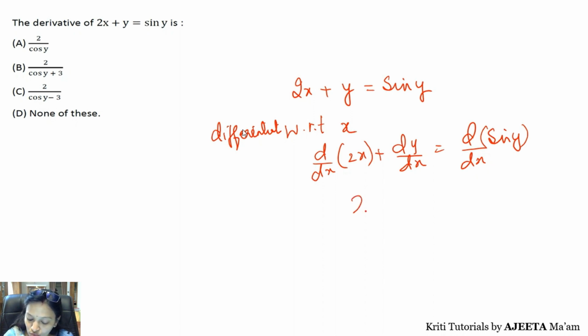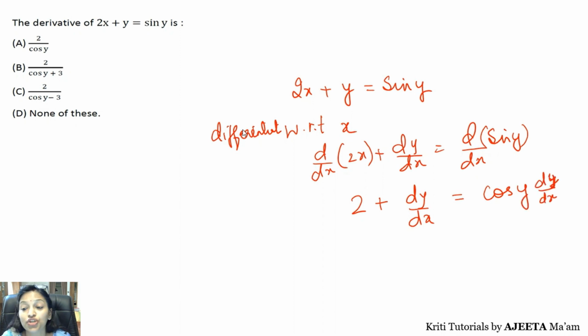So we get 2 here and here dy by dx as it is will come, because the derivative of y is 1 with respect to y, and here cos y into dy by dx, right? So this is the implicit function concept. When you are differentiating sine y with respect to x, so cos y, that is the derivative of sine y, and along with it dy by dx will also come.